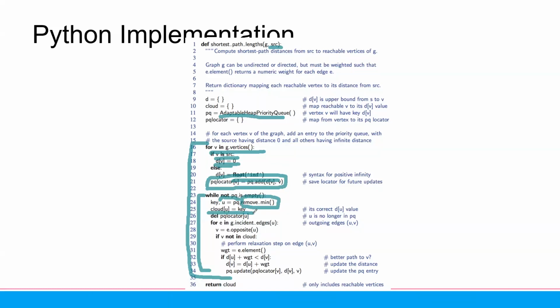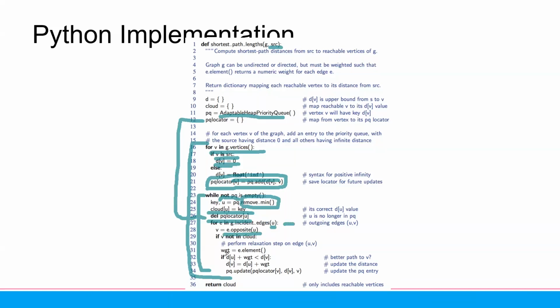So the cloud will be updated, and we will delete the PQ locator. The PQ locator is just to put the priority queue. And for every one of the incident edges of the vertex u, we want to find the opposite.